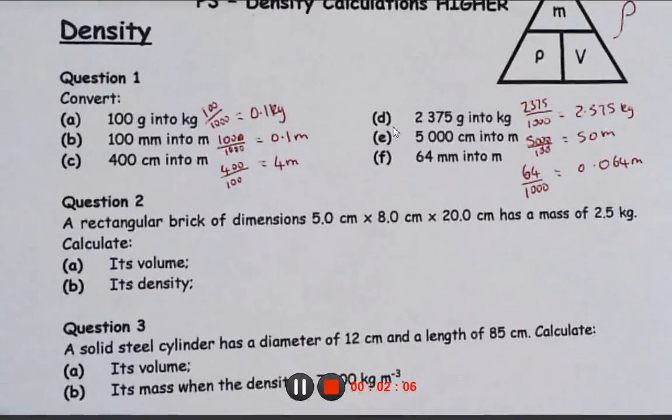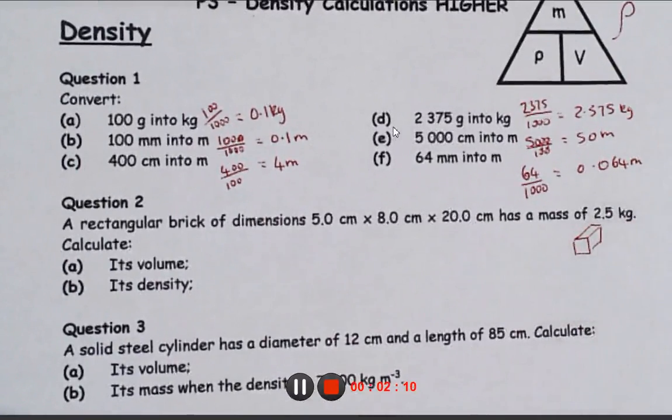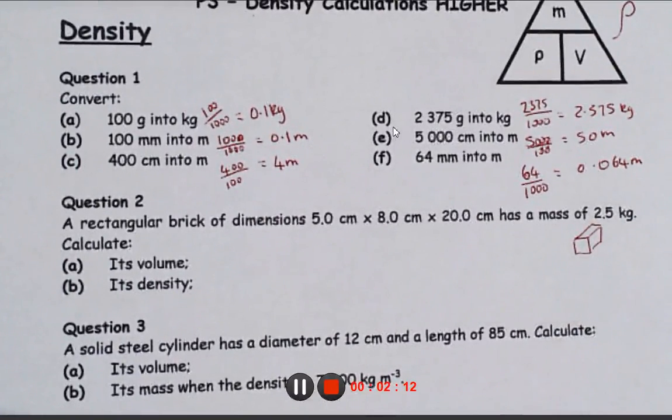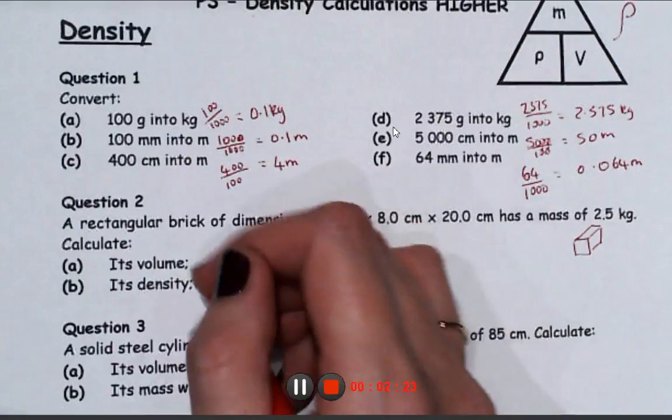Question 2, you've got a rectangular brick and it's got those dimensions and it has a mass of 2.5 kilograms. Calculate its volume and its density. So if we do the volume in centimetres, it will be these three things multiplied together.